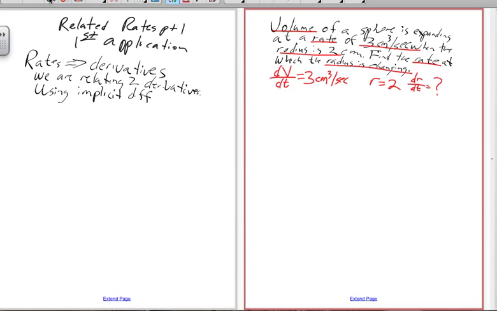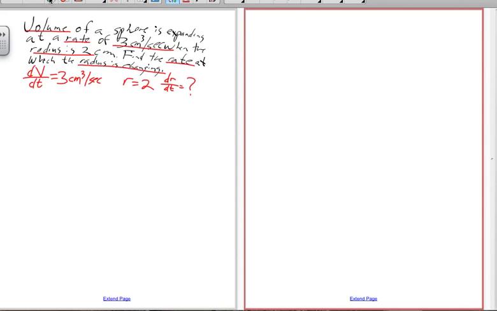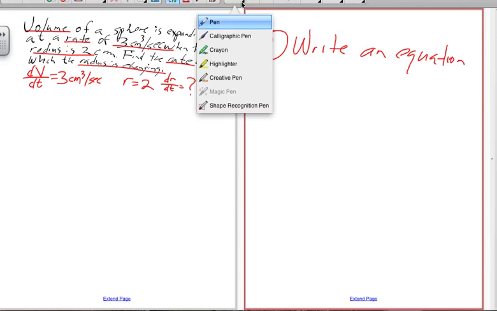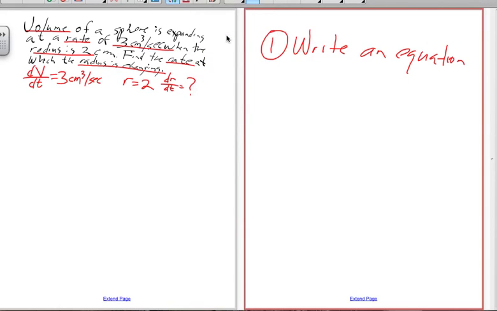All right, so in order to work this, your first step is going to be write an equation. So which equation do we write? That's a good question. Volume of a sphere. There we go. So volume of a sphere equals 4/3 pi r cubed.